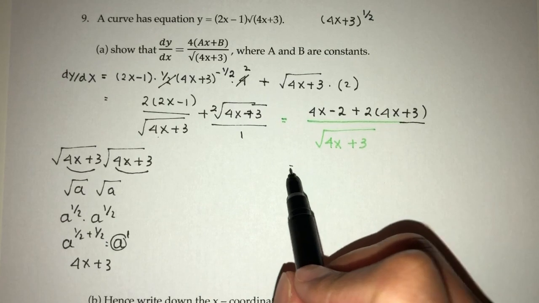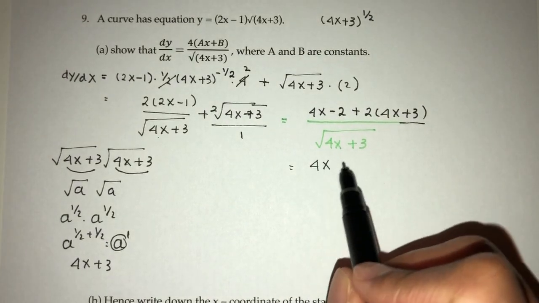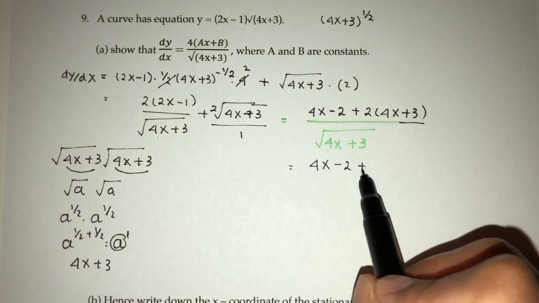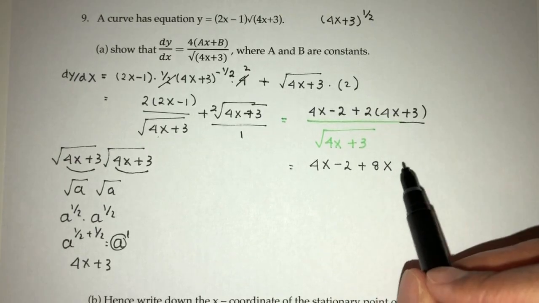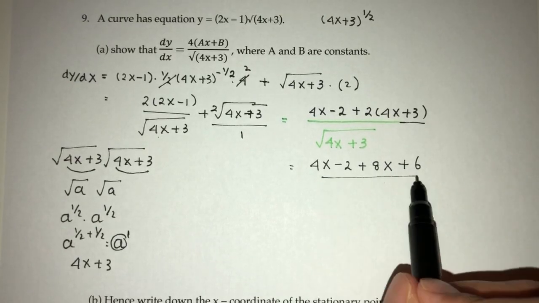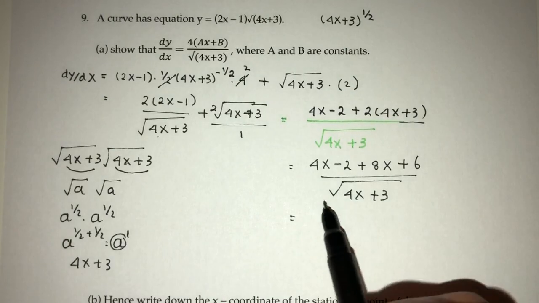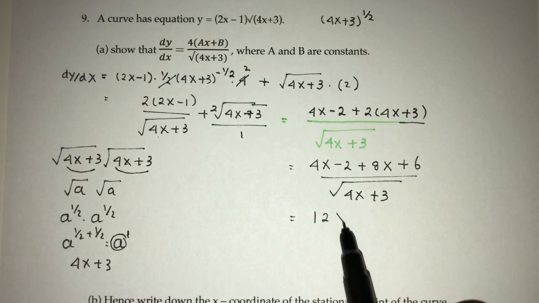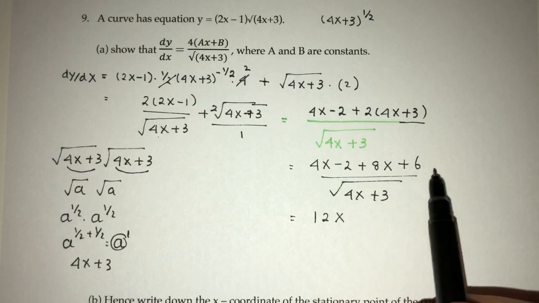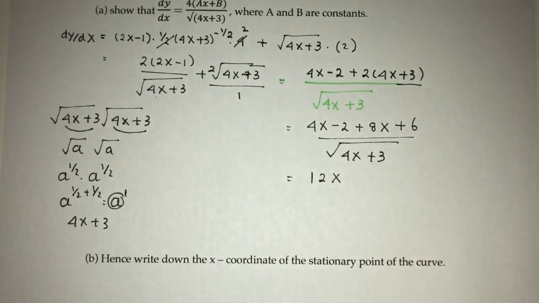Now simplify, 4x minus 2 plus 8x plus 6 over root of 4x plus 3. That will become 12x, and we have minus 2 plus 6 will become what?